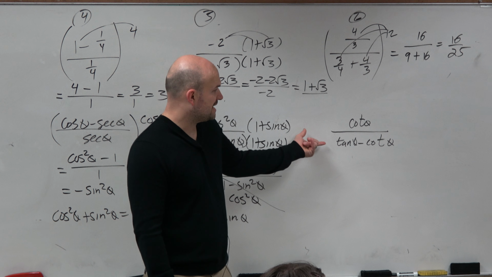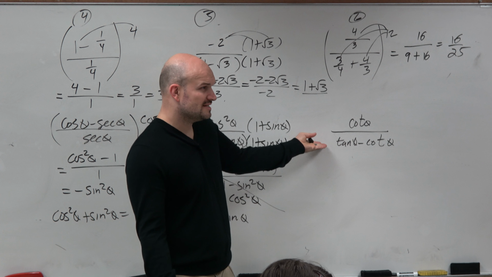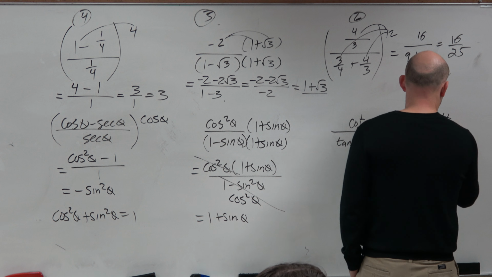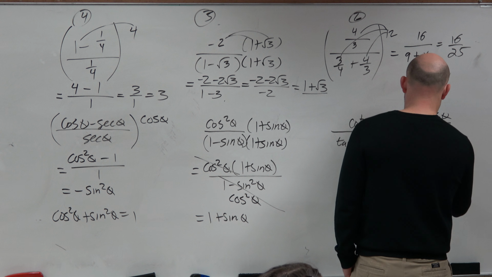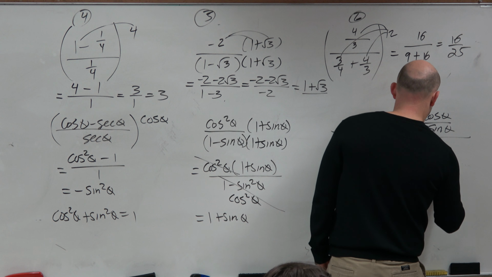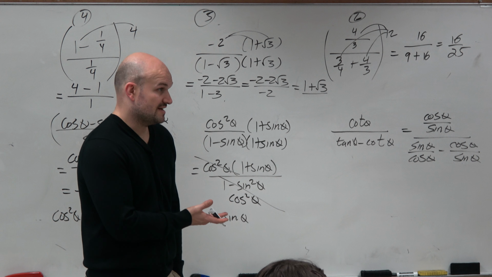Now this one might not be as obvious what the LCD is. Agreed? What the heck is the LCD here? But could we also write this in terms of trigonometric fractions? Is that fine?